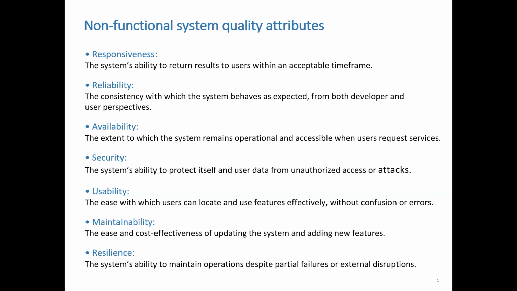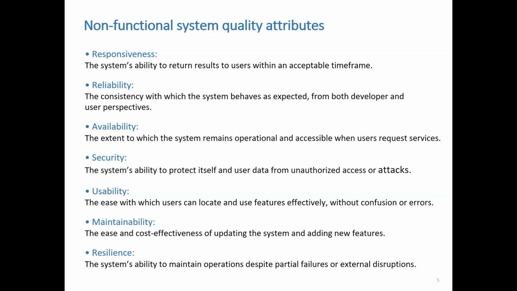It's not just about locking things down, it's about making sure the system protects both itself and its users from unauthorized access and potential attacks. Usability is a user-focused quality. Are users able to access the features they need, and do they find the system easy to use without making errors or getting frustrated?